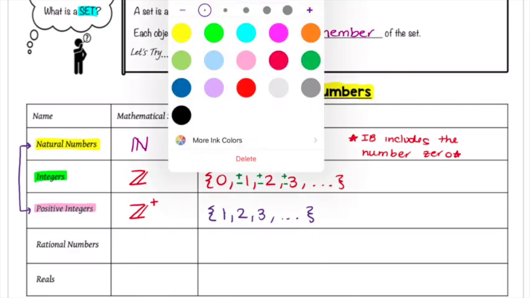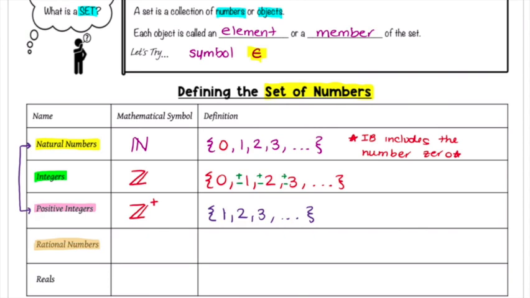Then we learn about the rational numbers. The rational numbers' mathematical symbol is Q, a double-lined Q. And here we're talking about all fractions. So let me define P divided by Q, where P and Q are elements, members, of the set of integers.